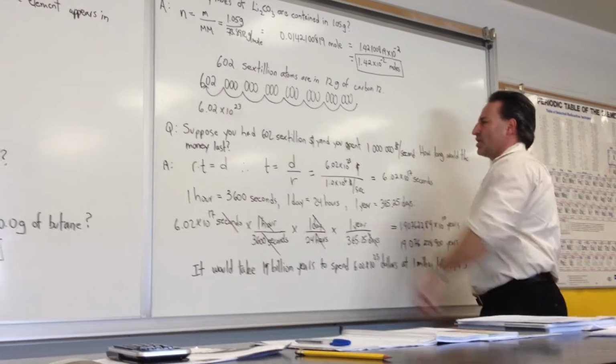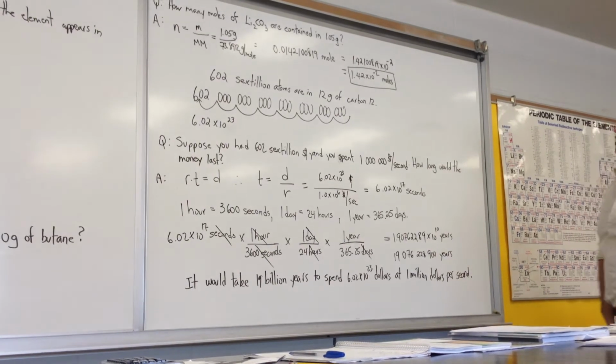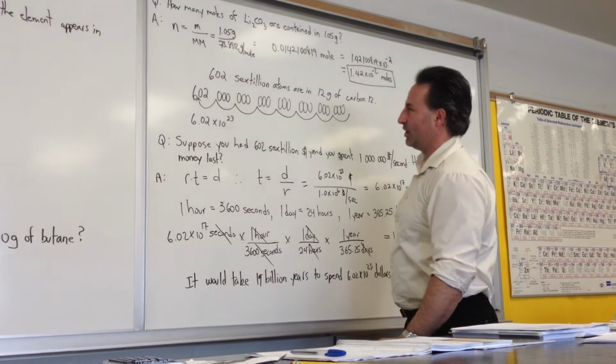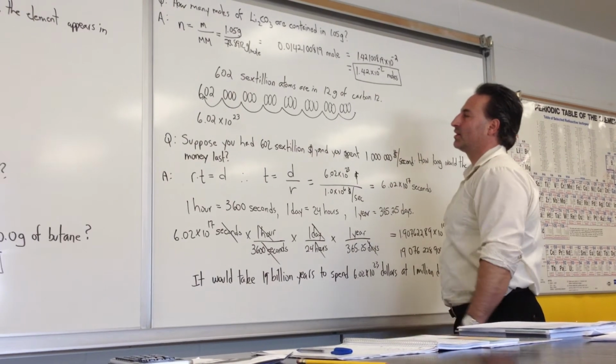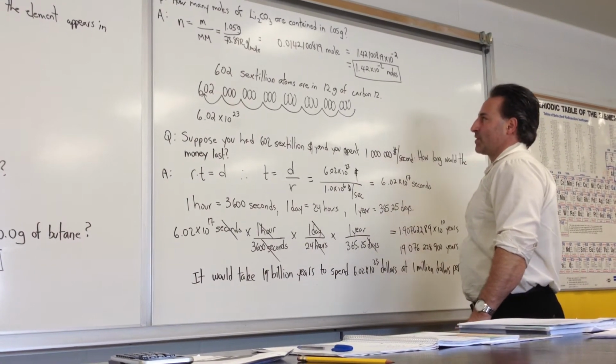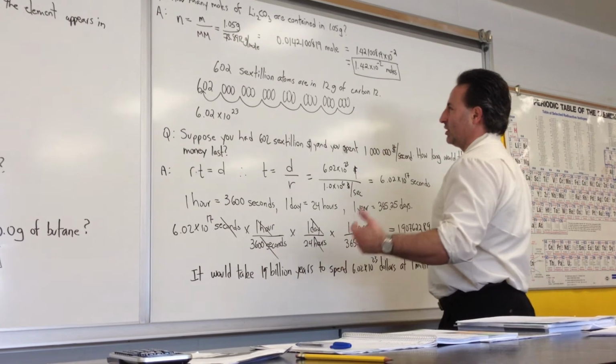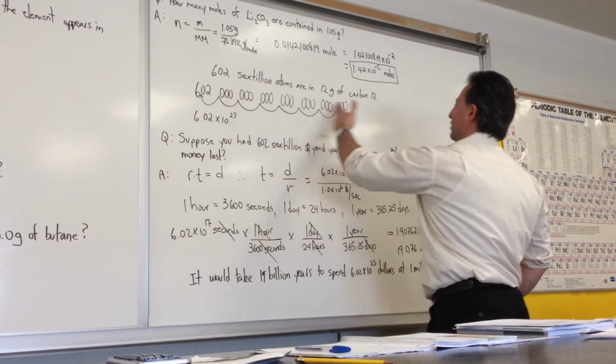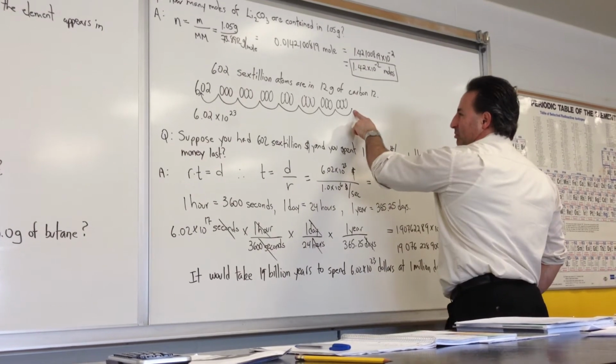And here I've done an exercise to show how large the number 6.02 times 10 to the 23 is, Avogadro's number. It's 602 sextillion atoms. So by definition, in a 12-gram sample of carbon, you have 602 sextillion atoms. I wrote the number out here. Here's where the decimal place is.